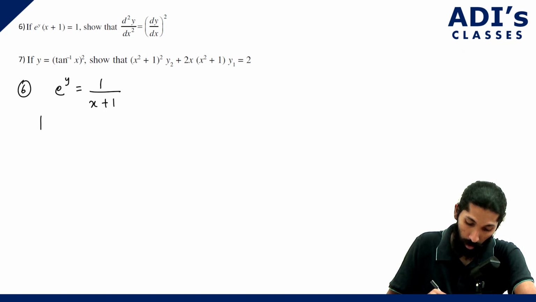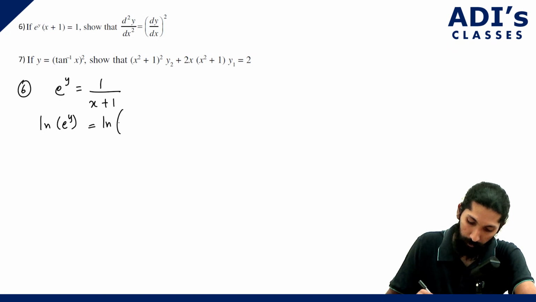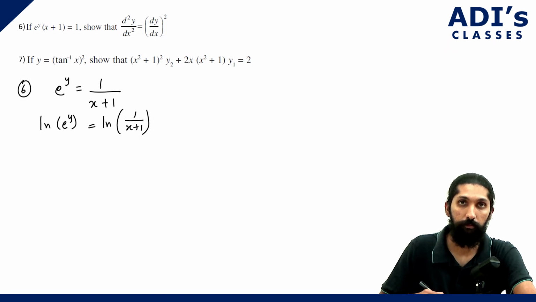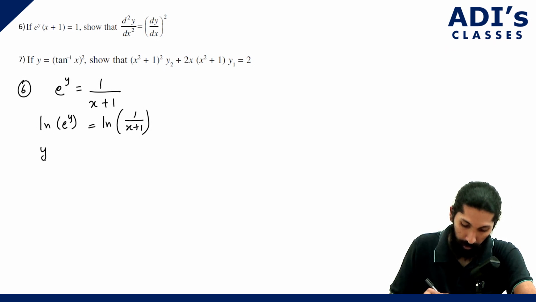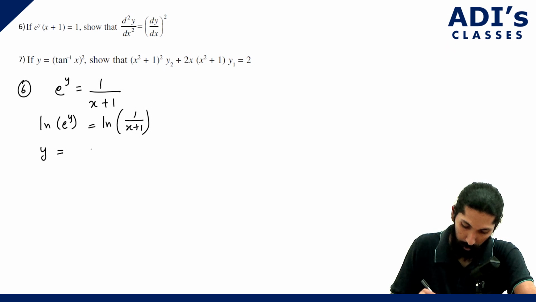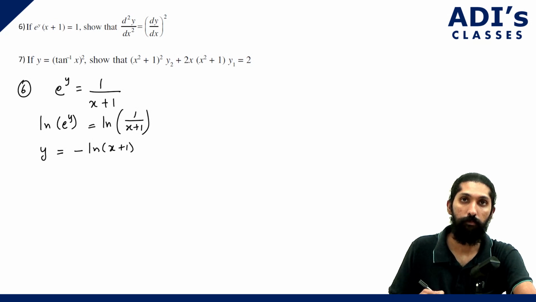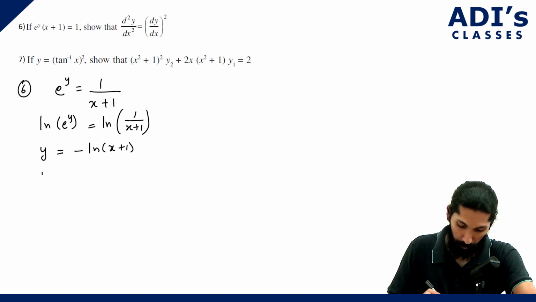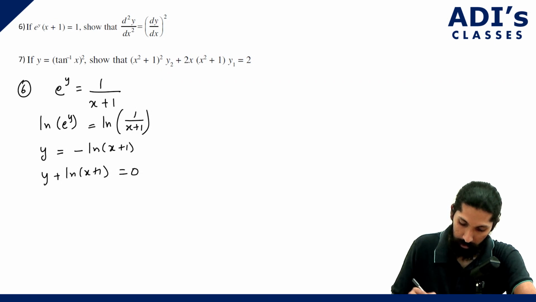So, log of e power y is log of 1 by x plus 1, correct? Which is going to become y. Log of e power y is y. Y is equal to minus log of x plus 1. Okay. Now what you can do, y plus log of x plus 1 is 0.